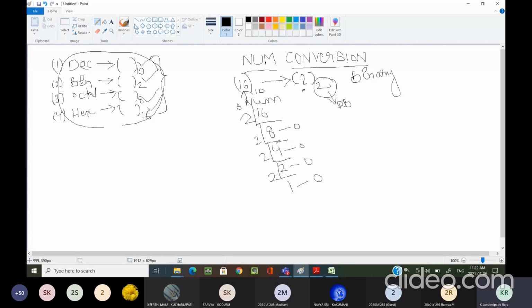Now, when should I stop this long division procedure? That is also a very important point you should remember. Once again I can tell you, whenever it is not possible to divide this value by the base or the divisor, then you can stop your division procedure.